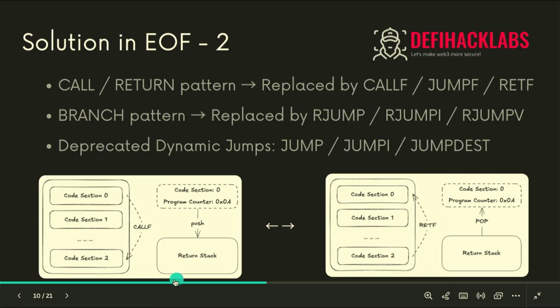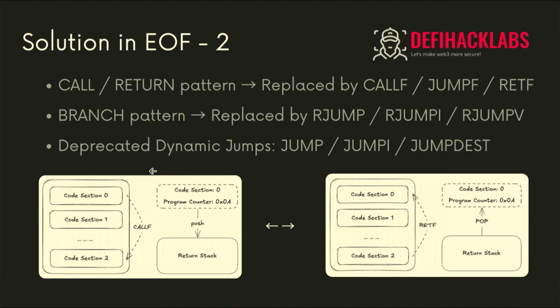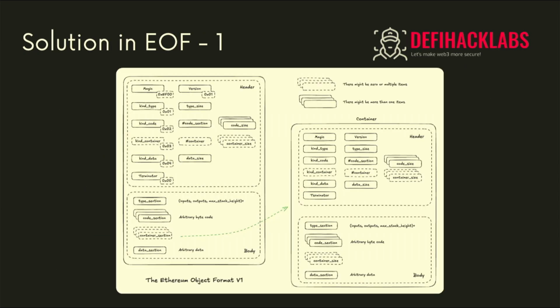It is called the return stack. In the past, you needed some algorithm to define the function's boundary. But now we have a structural format like this one, and we have code sections. And each code section now represents one function. So we no longer need to decode the function boundary because each code section now represents one function.